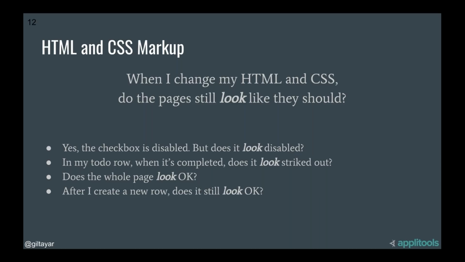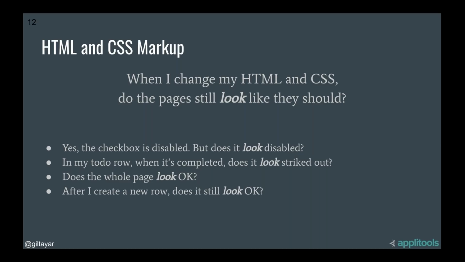So yeah, I know the checkbox says disabled, but does it look disabled? Does something look striked out? Can I remove the fear of changing my HTML and CSS? Unfortunately, Cypress doesn't help us, because I can run the functional test, and even if the page looks weird, it still runs.